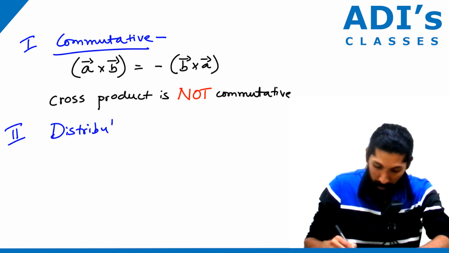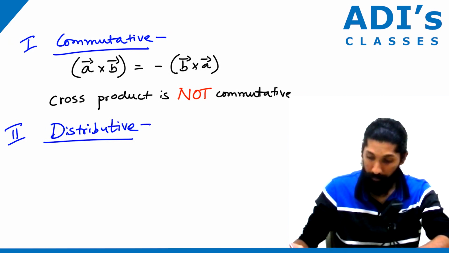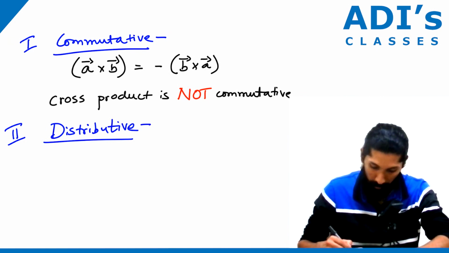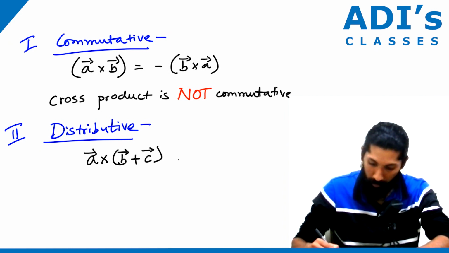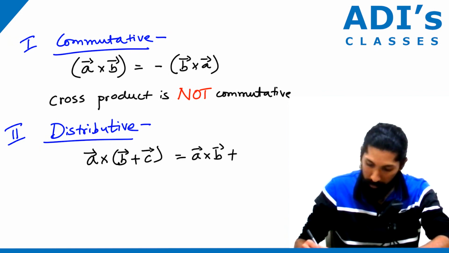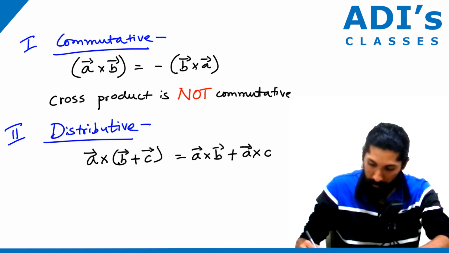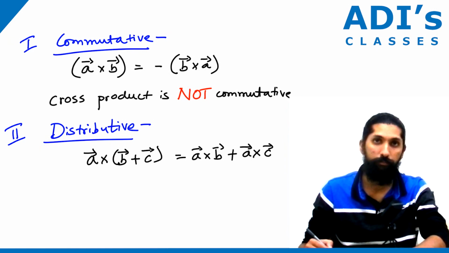Is it distributive over addition? Yes, it is distributive. Suppose you have vector A cross vector B plus vector C, we can write this as vector A cross vector B plus vector A cross vector C. It is distributive over addition.